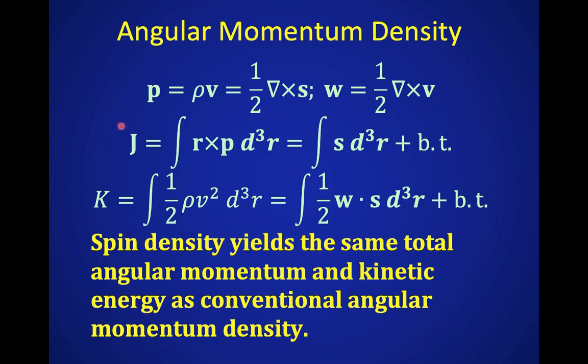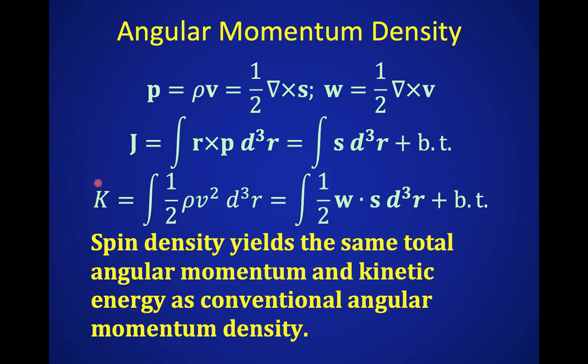So we can use those to calculate the total angular momentum, which is the integral of the radial vector cross the momentum density. And that turns out to be equal to the integral of the spin density within some boundary terms that fall to zero if the fields fall to zero sufficiently rapidly at infinity.